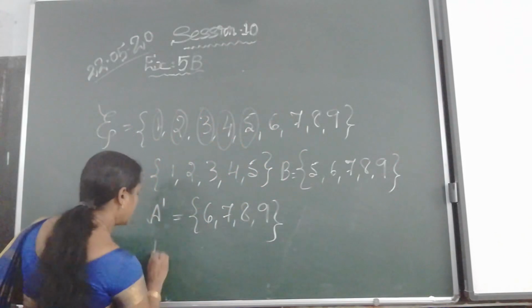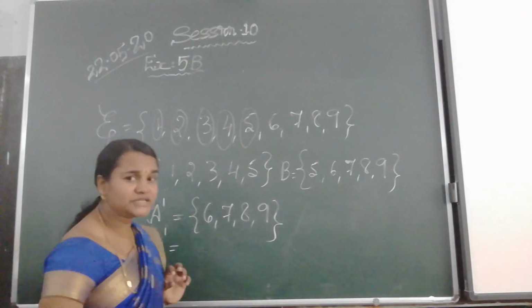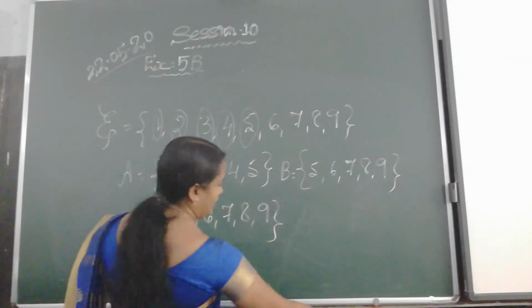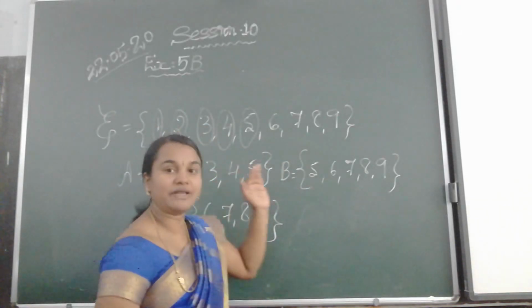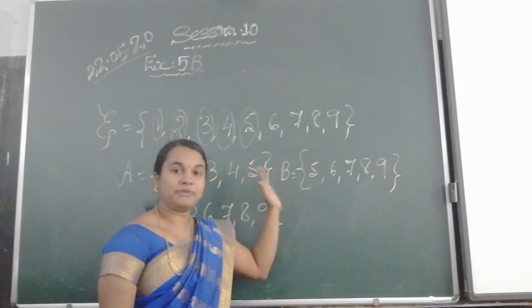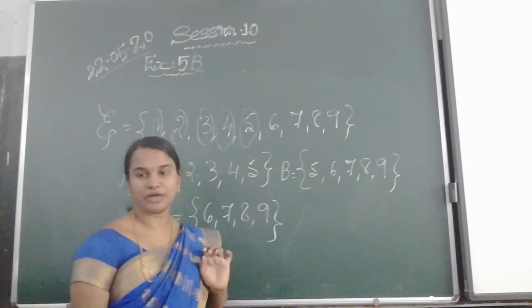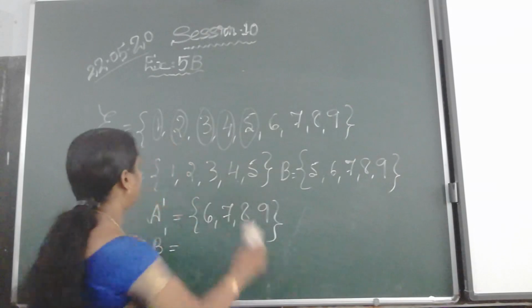Now if it is B complement, in the same way compare B and the universal. Whenever they ask for the complement, we have to compare it with the universal.